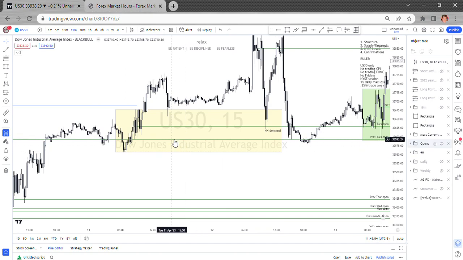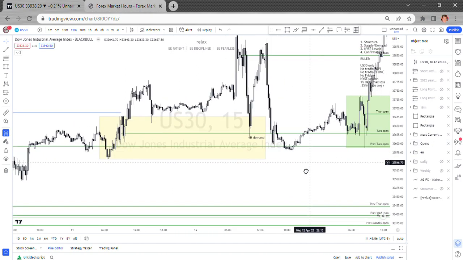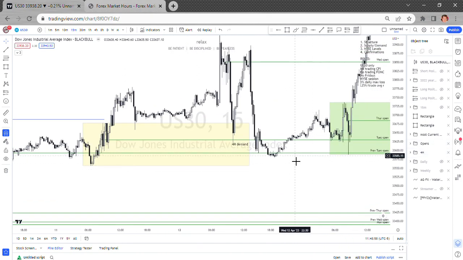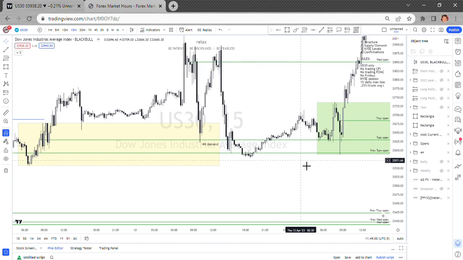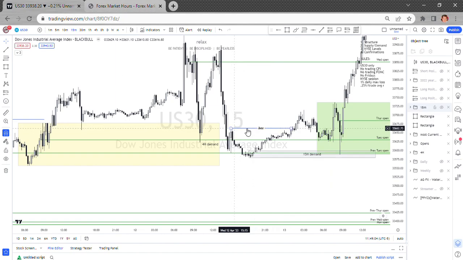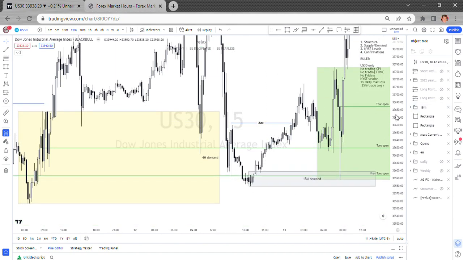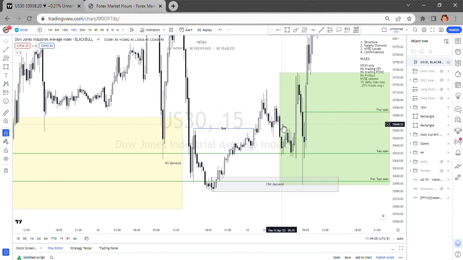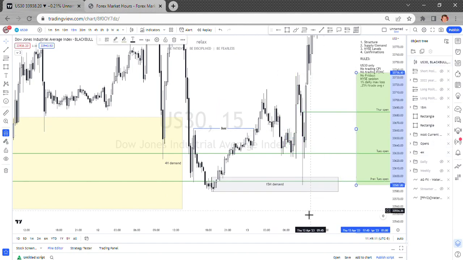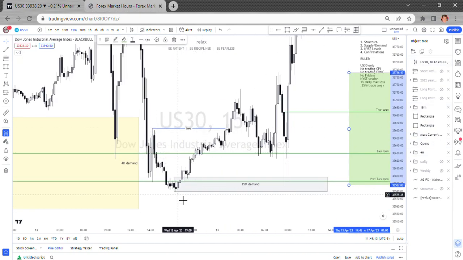So we had one of my NYSE levels here. We had a 15-minute break of structure here. As soon as we got this push lower, had a break on the 15-minute.